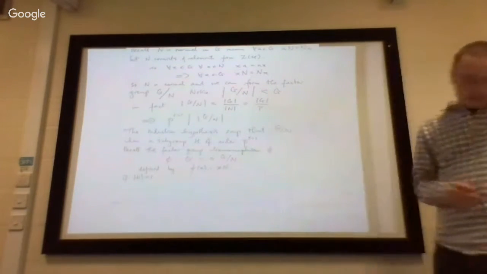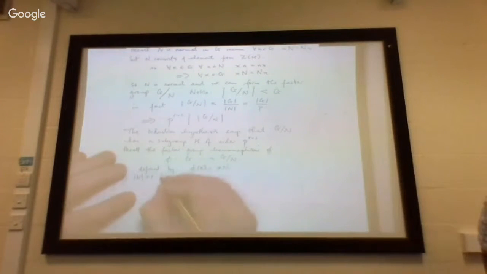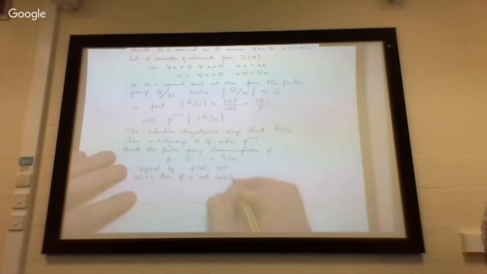But if the subgroup that you're quotienting out by is non-trivial, then phi is not injective. It's certainly not 1-to-1, it's many-to-1.